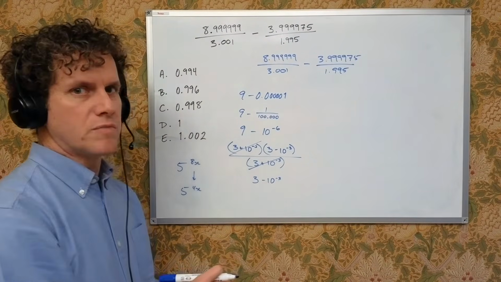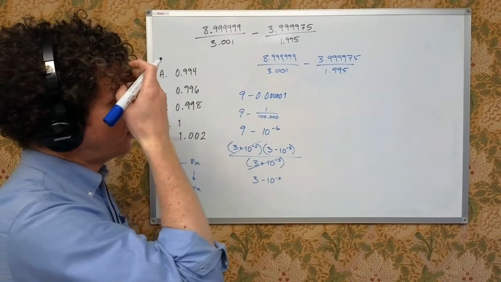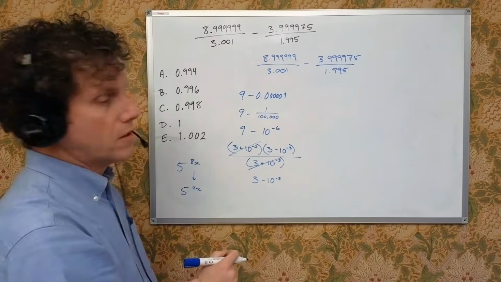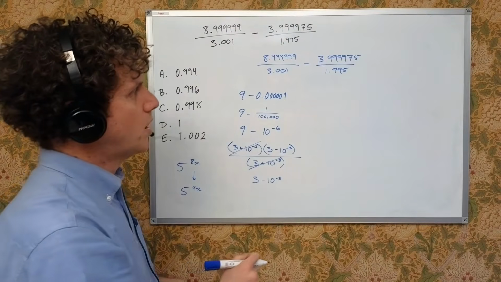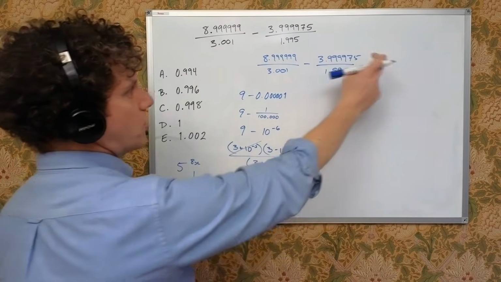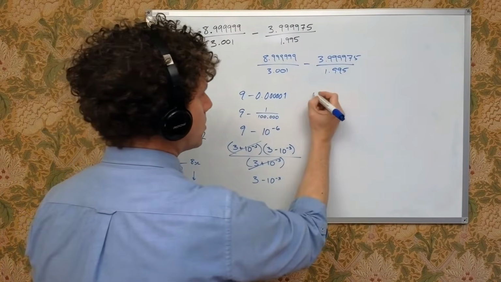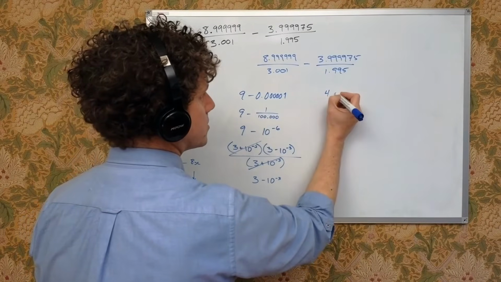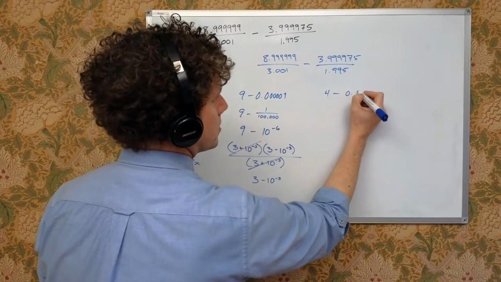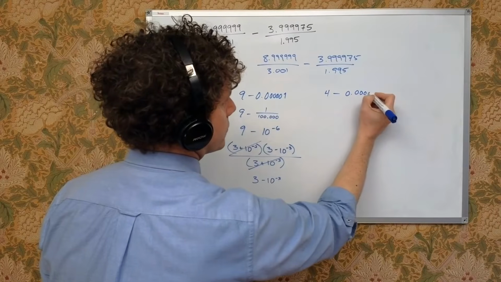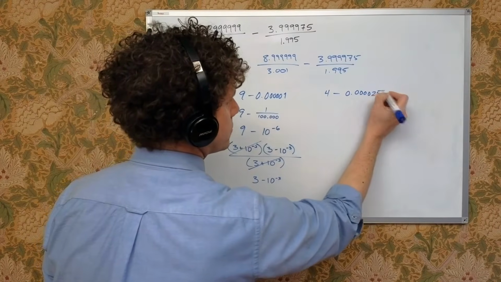That begins to give me some ideas about how I might work with the right-hand term as well. How far off is this from 4? Well, it's 4 minus 1, 2, 3, 4 to 5.